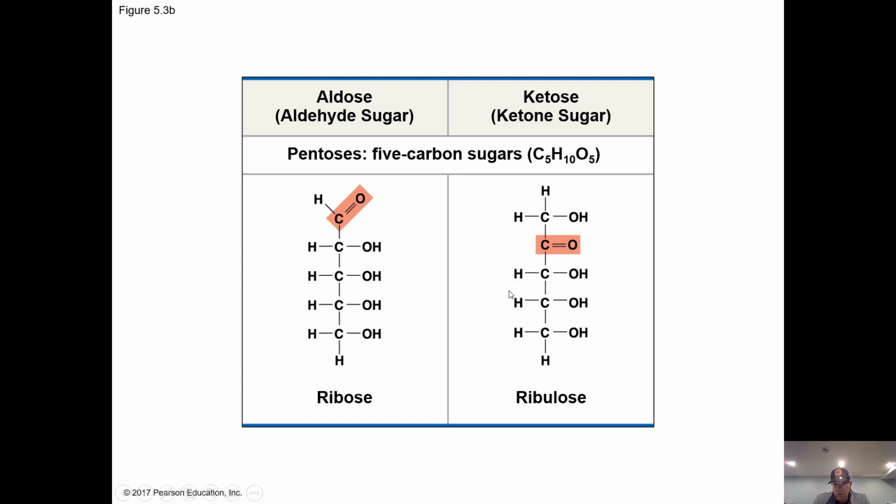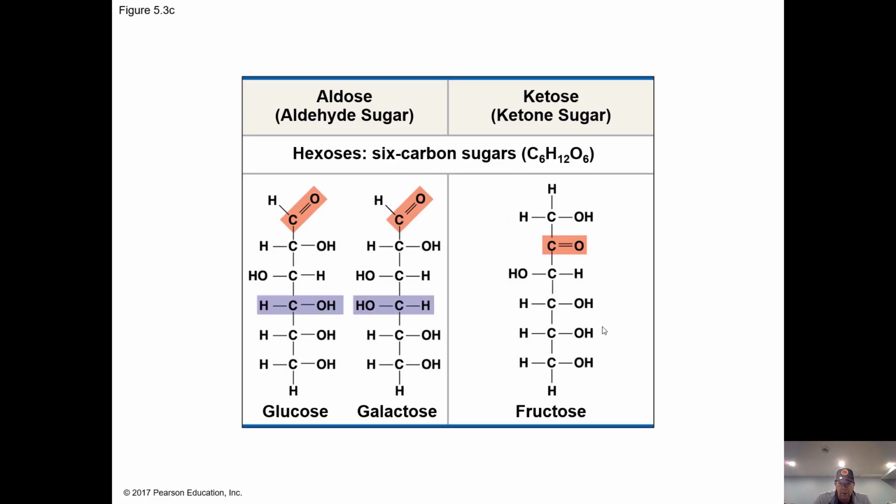It contains this sugar. Ribulose, you may not have heard of. It's in photosynthesis. It's a fairly big player in that. And then here are our hexoses, and the big one is glucose. You've heard of that, I would imagine, with blood glucose, blood sugar levels, and so on.